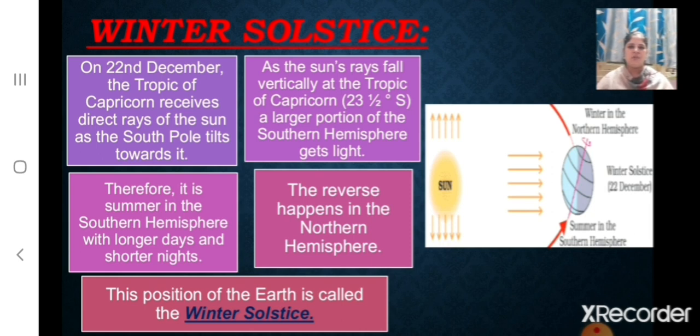So a larger portion of the southern hemisphere gets light. Therefore, it is summer in the southern hemisphere with longer days and shorter nights. But the reverse happens in the northern hemisphere. So children, what is this position of the earth called? This position of the earth is called winter solstice.